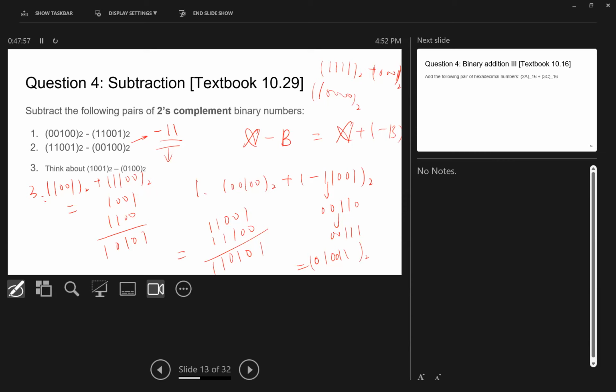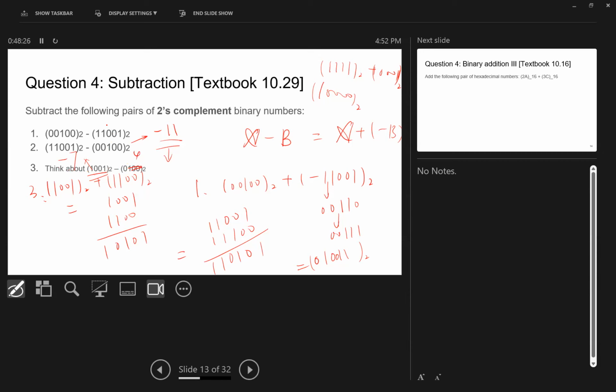All right, what do we do here? The 1001 in decimal notation should be represented as -7, right? Should be -7. And this should still be 4, right?